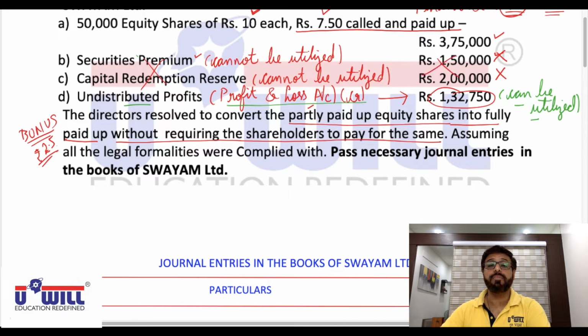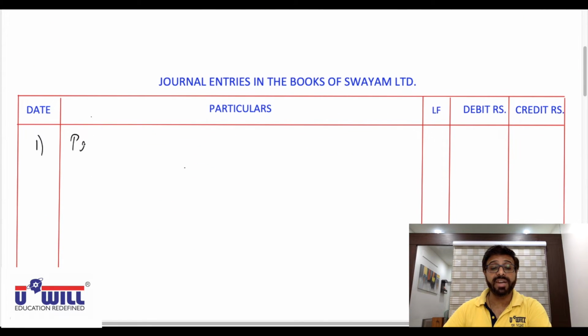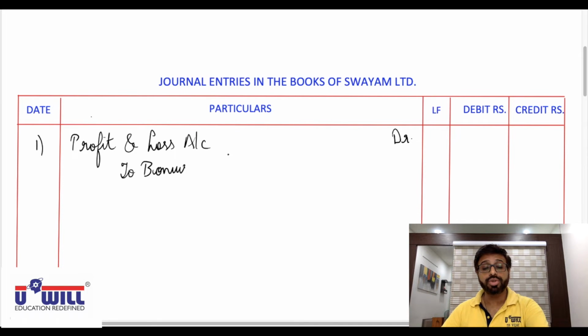So which reserve particularly you will debit? You will write the name of that reserve. Profit and loss account debit to bonus to shareholders account.